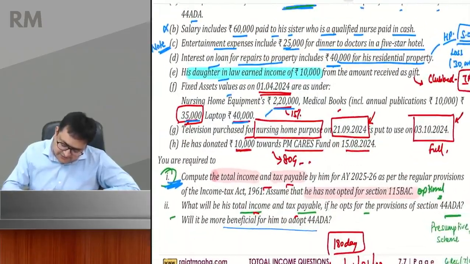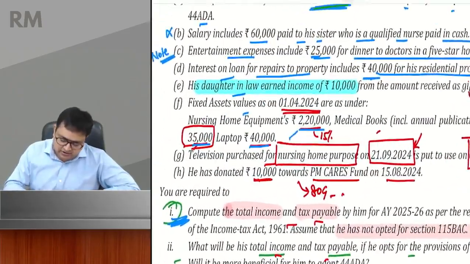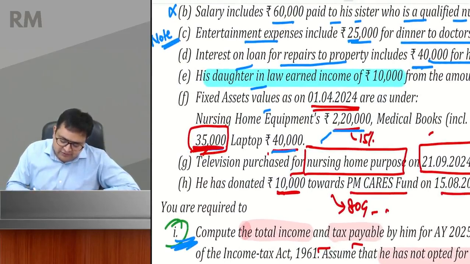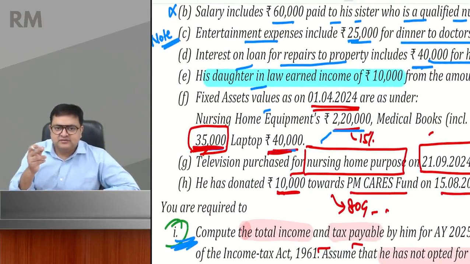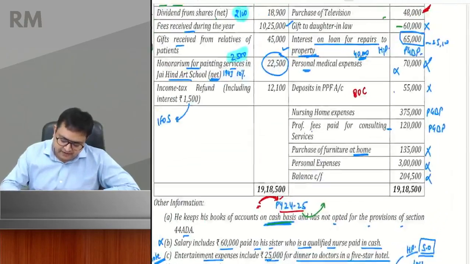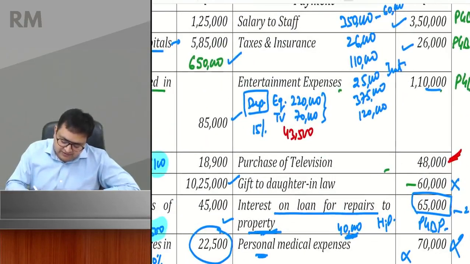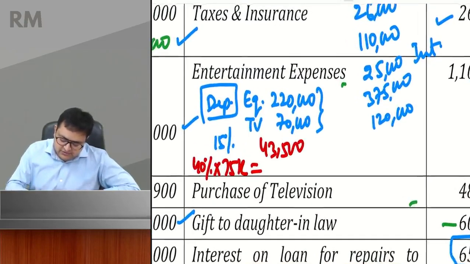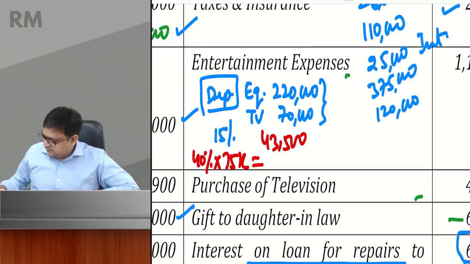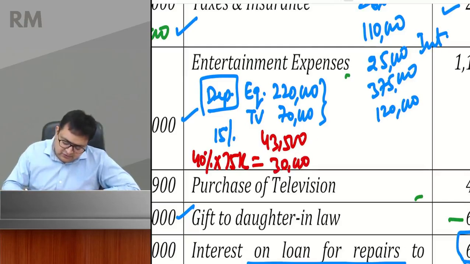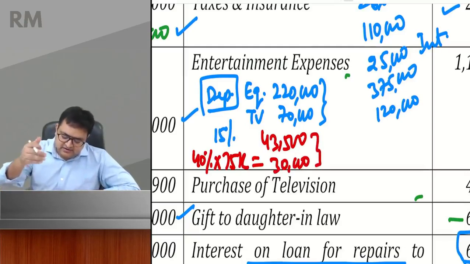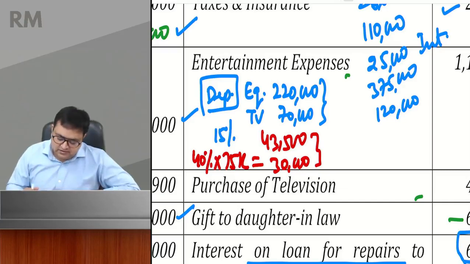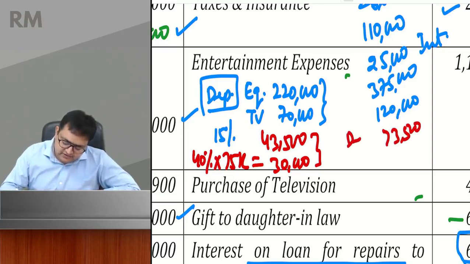220, it was 220, right? Yes. And on laptops and books, 35,000 and 40,000, that makes 75,000. So depreciation on laptops and books, 40% of 75,000, is 30,000. The total depreciation is 73,500.